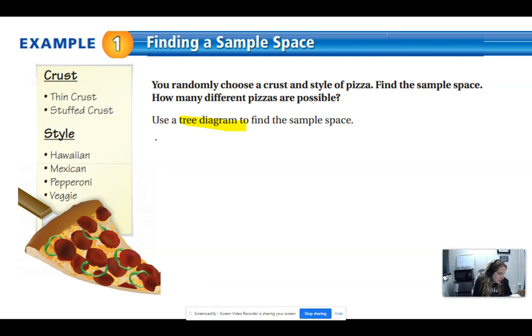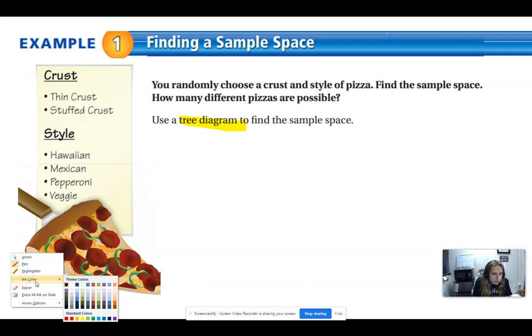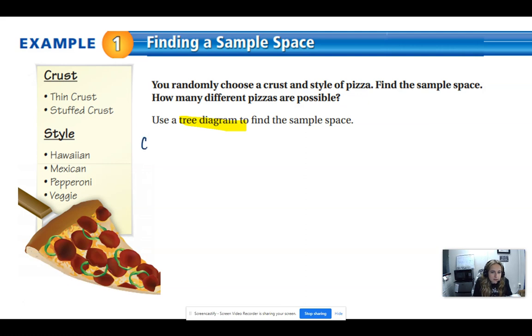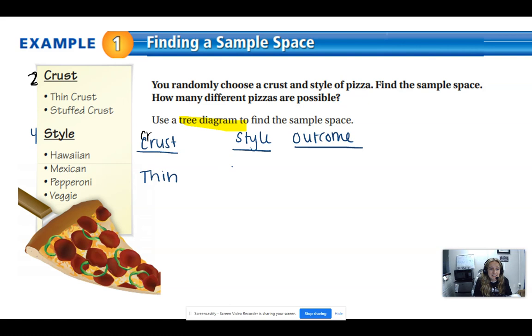I'm going to write down crust, and then we have style, and then we have outcome. The different types of crust: we have thin crust, and then the styles that you could do, there's 4 different styles.